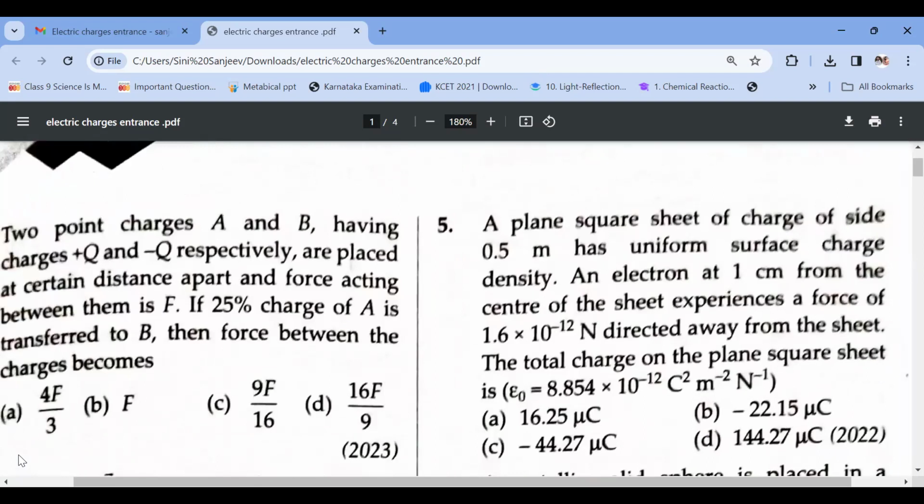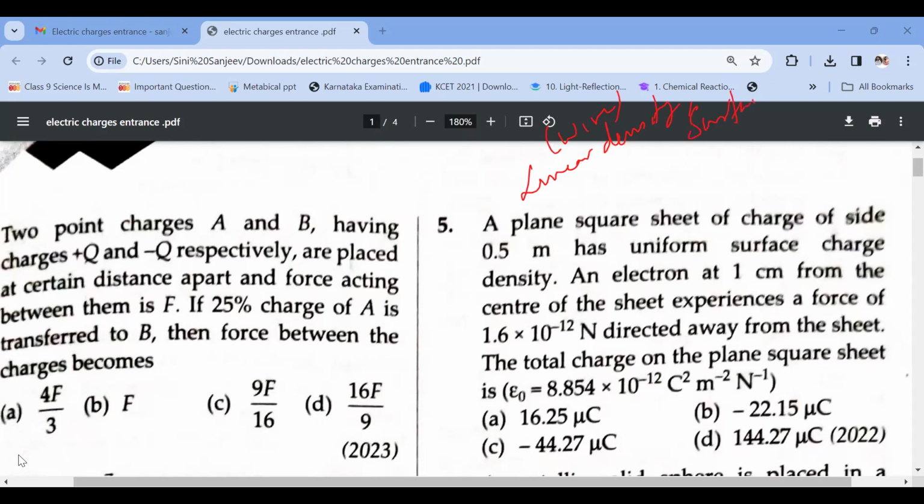Fifth one, a plain square sheet of charge. So whenever we have studied, there are three types of density. One is linear density, that is for wire length, lambda.